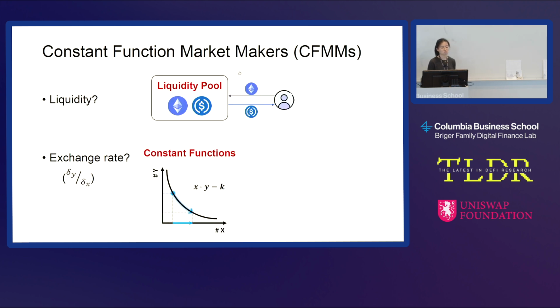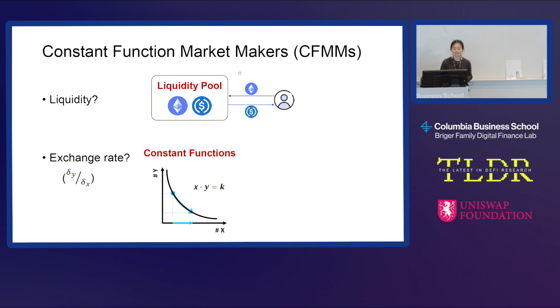CFM answered these questions with two novel concepts. The first is the liquidity pool, which collects both types of token in advance from the liquidity providers and previous orders, so that whenever someone comes to market, he can trade with the pool directly without waiting for others to match, like in the design of limit order books.